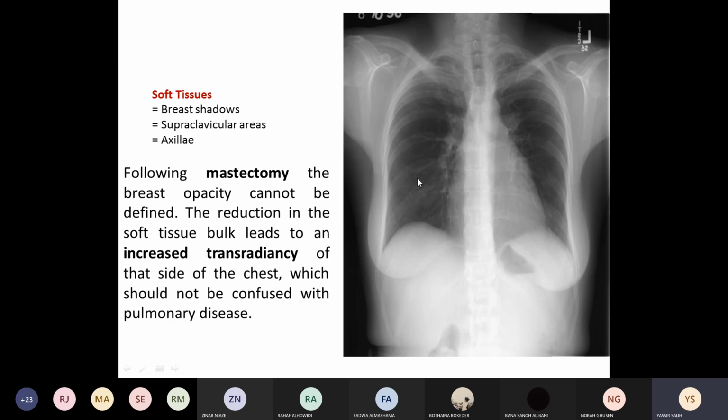If the chest X-ray of a patient demonstrates one side more translucent or more black than the other side, you have to look at the breast. If there is a mastectomy, this is one of the differential diagnoses. So the side of the mastectomy appears more translucent, more black.